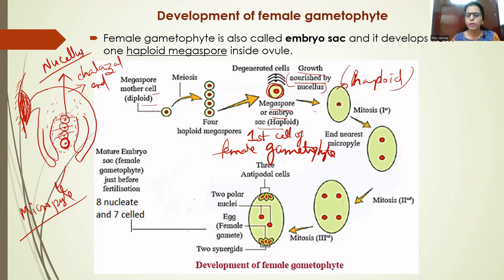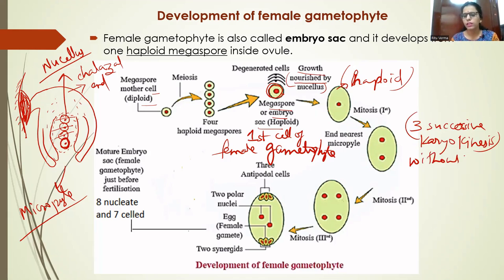One point to be noted here: during the development of the female gametophyte, remember clearly, first this haploid megaspore will undergo 3 successive karyokinesis. Successive means one after the other, without undergoing cytokinesis.